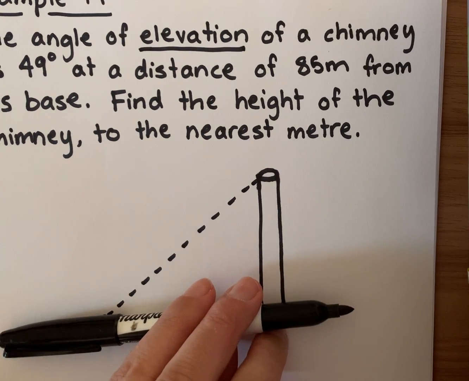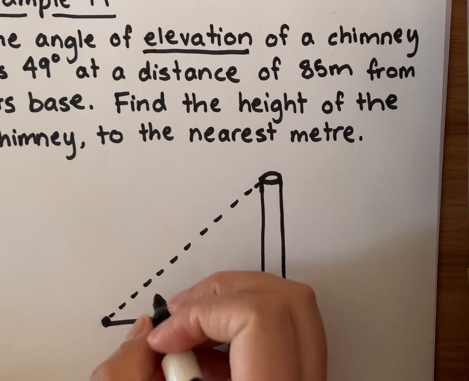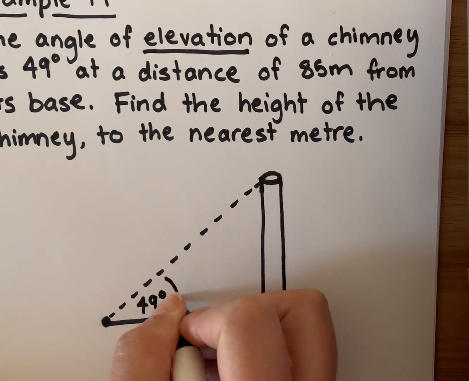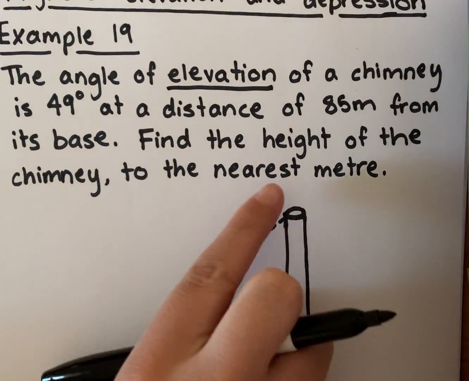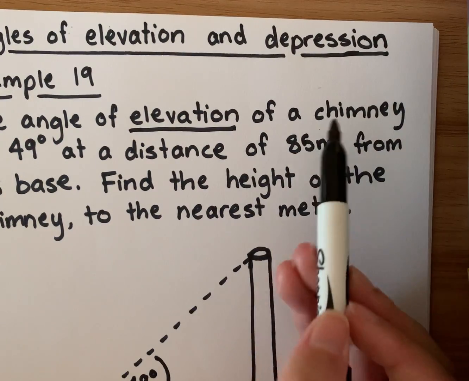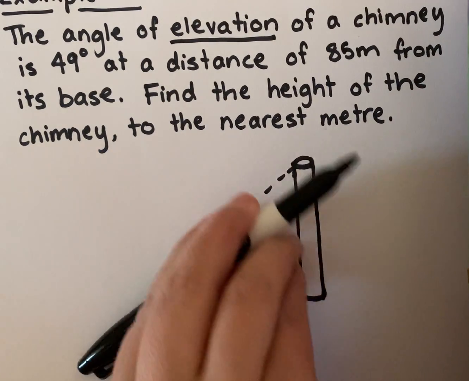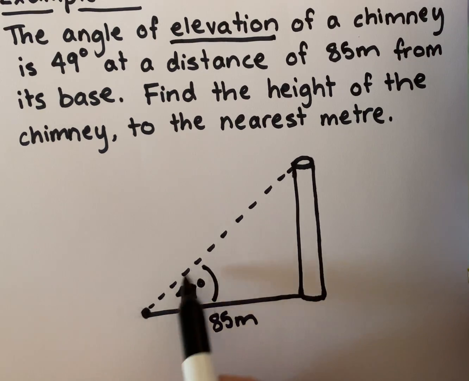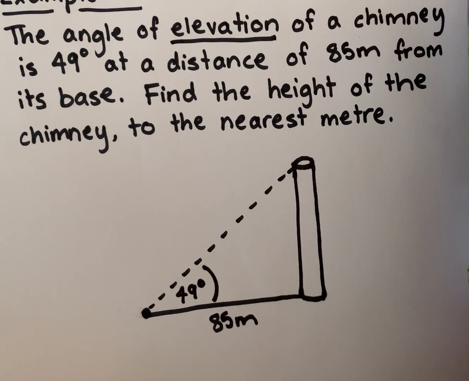The angle of elevation from the horizontal is 49 degrees. So this is 49 degrees here. Sometimes the question will say the angle of elevation of the top of the chimney instead of just of a chimney, because then it's being a bit more specific. You know exactly where you're looking, where this line of sight is. So you can even imagine that there's a little person standing here, and this line of sight, that's their vision. That's their line of sight if they look straight up at the top of the chimney.